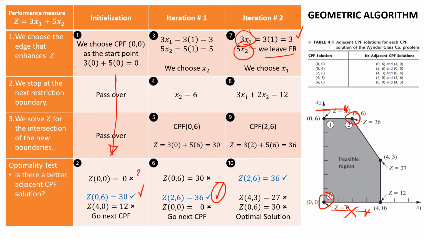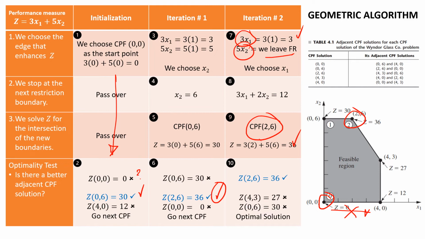Then step number 2, we stop at the next restriction boundary. The next restriction boundary is given by (2,6). Step number 3, we solve the performance measure for the intersection of the new boundaries. So we calculate how much the performance is going to be, and it gives us 36.